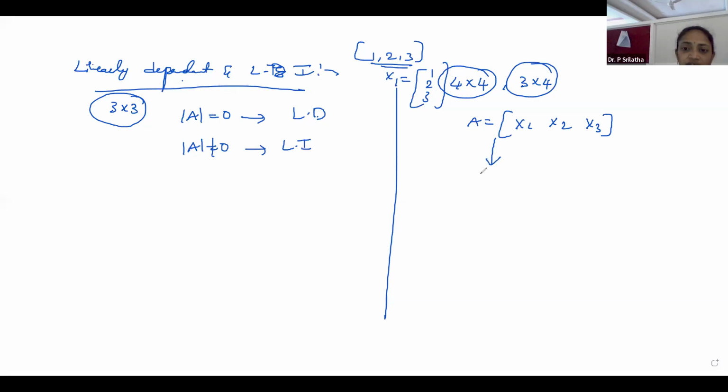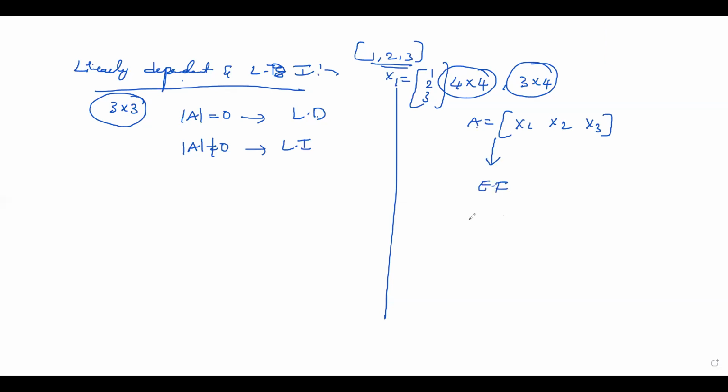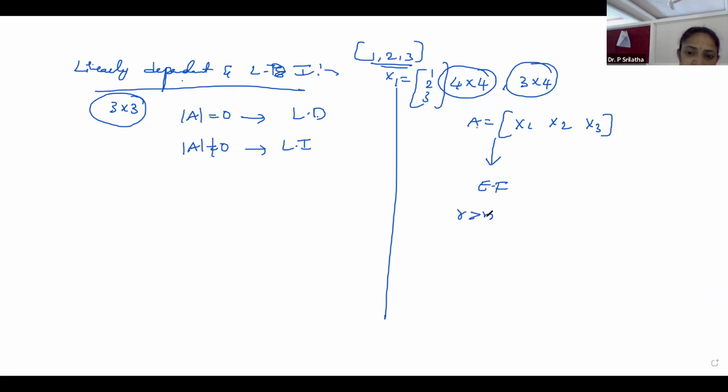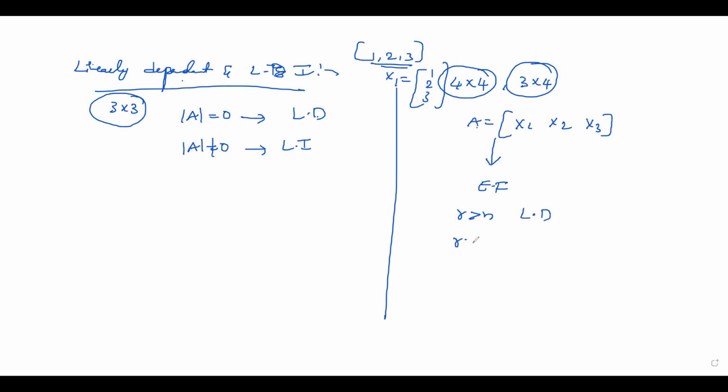After that we have to convert the given matrix into echelon form. In the echelon form, what is the formula? If R is greater than n, then linearly dependent. Otherwise, if R equal to n, R greater than n, or less than n?